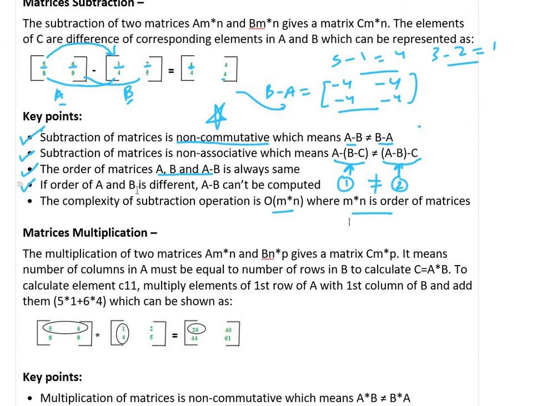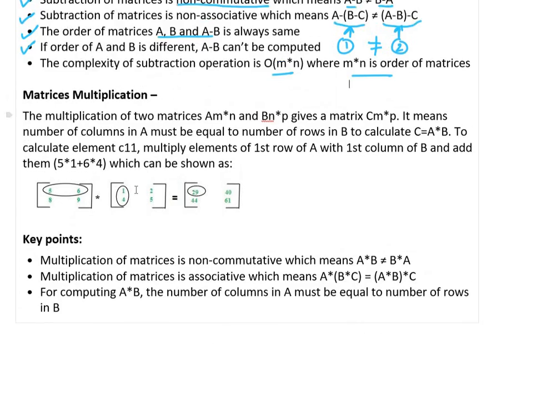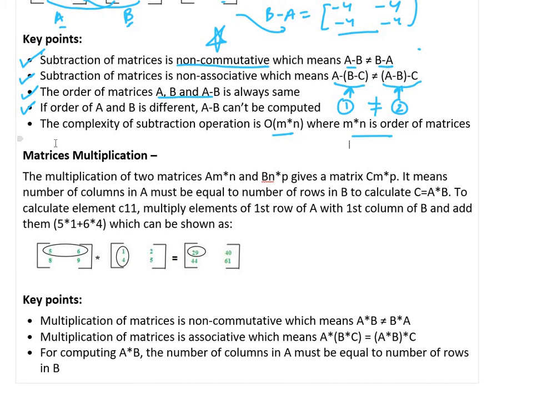As we move along, we'll see more and more examples on addition and subtraction, but let's now look at matrix multiplication. The multiplication of two matrices A (m cross n) and B (n cross p), where m cross n is the order of matrix A and n cross p is the order of matrix B, gives us a matrix C of order m cross p.